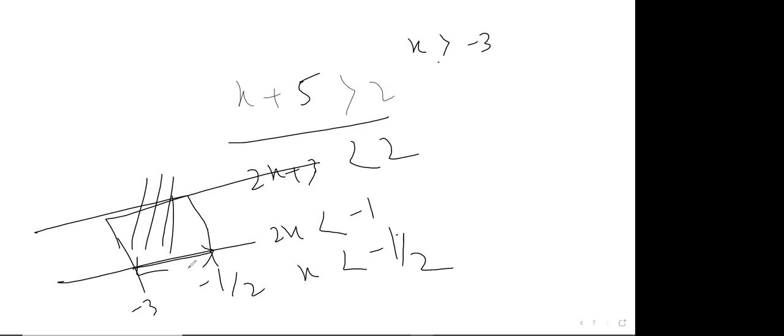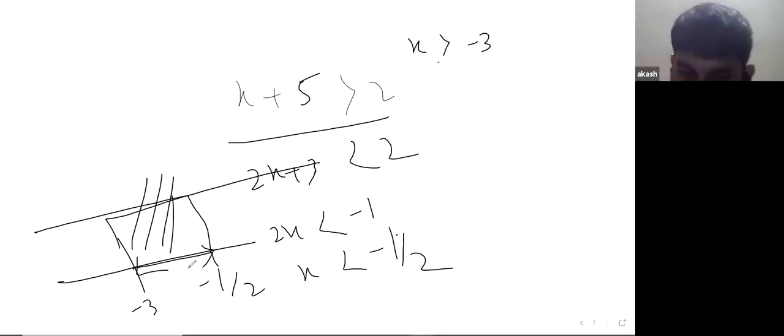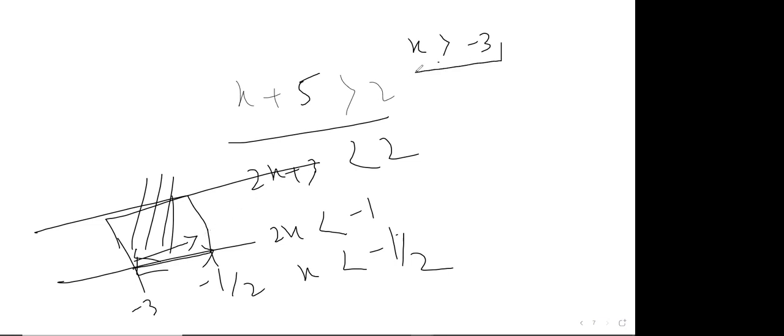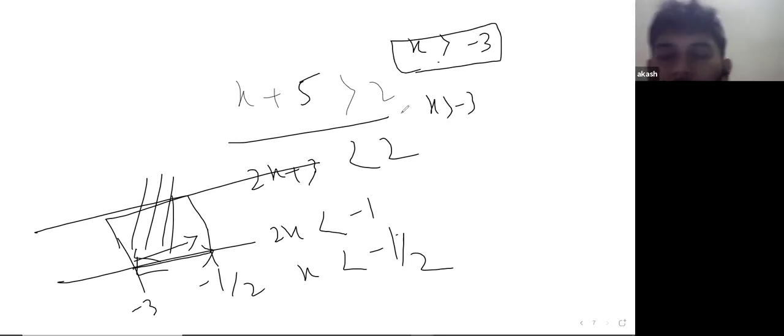Sir, so most of the linear equations, we cannot get it as an x variable. We'll get it as area only. Yeah, graphically, yes. See, in this also you are getting a range of values of x, right? Not a single point. Here you are getting x is greater than minus 3, so it is a range, a set of values, right?